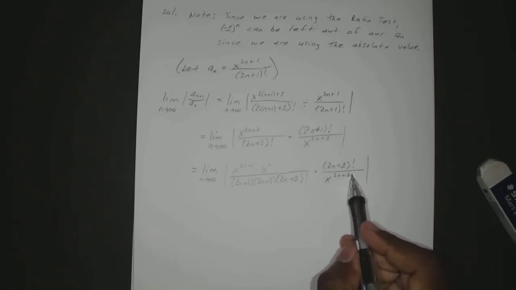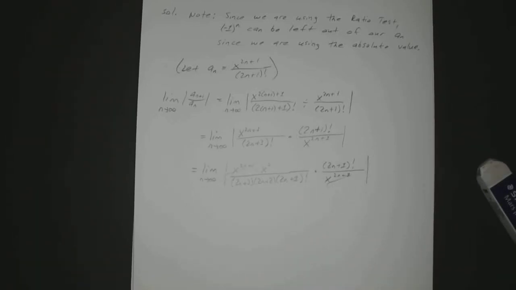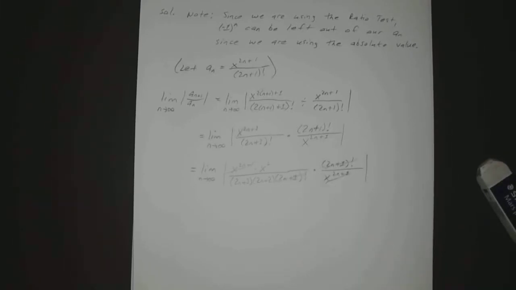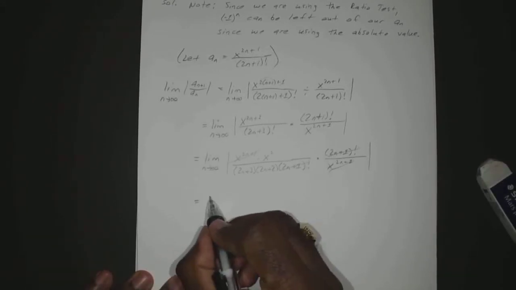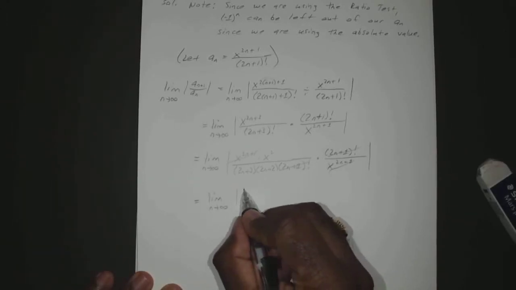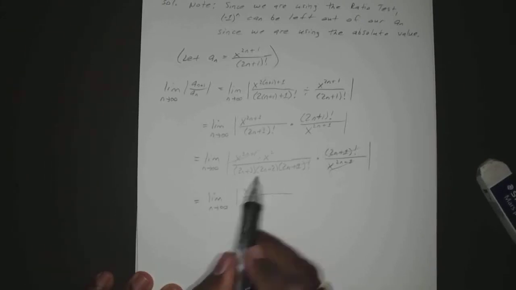Okay, so here our x to the 2n plus 1 cancels out, and our 2n plus 1 factorial cancels out. So we have the limit as n approaches infinity of the absolute value of x squared over 2n plus 3 times 2n plus 2.